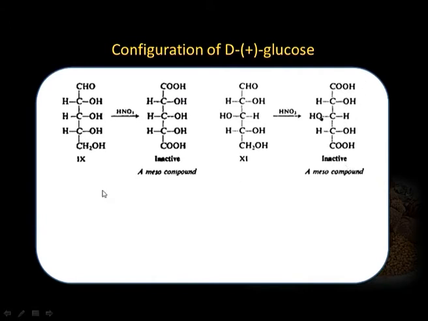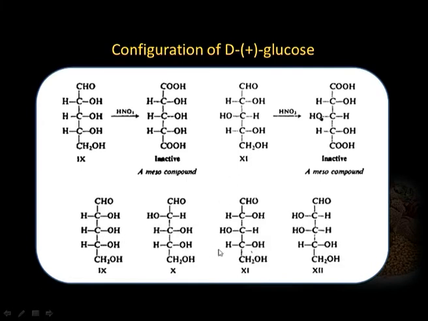It means for minus arabinose, structures 9 and 11 are not possible. So, out of the 4 possible structures for minus arabinose, 9 is not possible, 11 is also not possible. So, we are left with 2 possible structures for minus arabinose, that is number 10 and number 12.